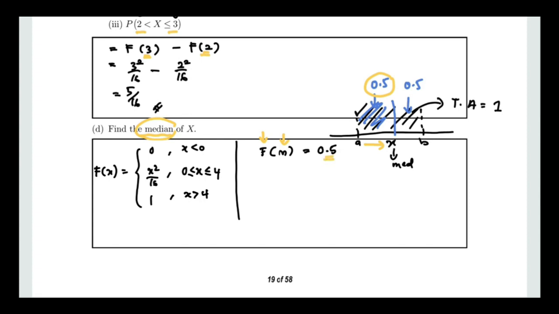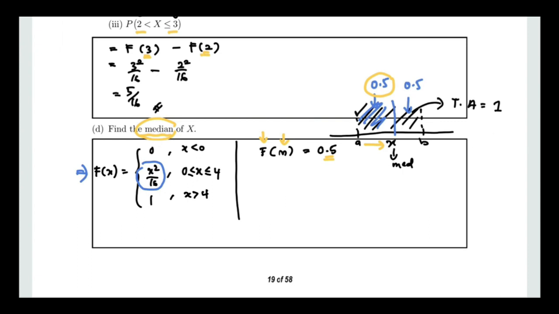Okay, so since we have found the CDF, we are going to find the median using the CDF, not the PDF. It's a different way. Since we already have the CDF, we're going to use it. You have to check which piece could give you the 0.5.